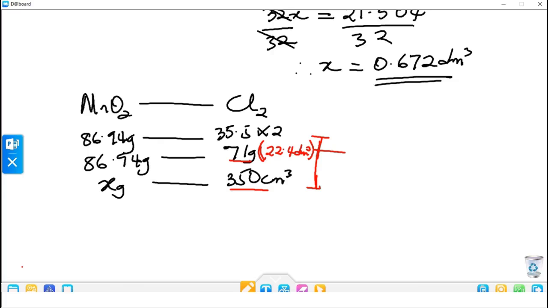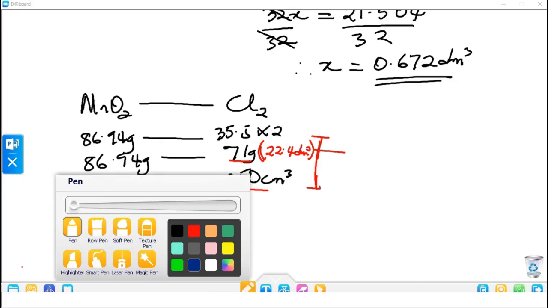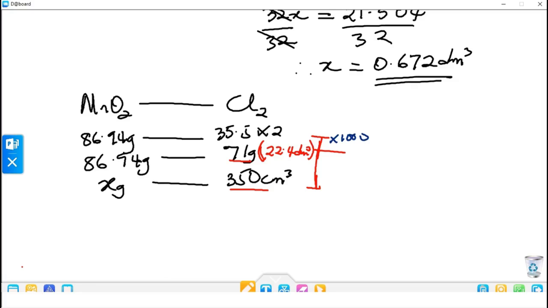To do that, we multiply by 1000. 22.4 dm³ times 1000 gives us 22,400 cm³. Taking the decimal one place, we have 224 times 100, which gives us 22400.